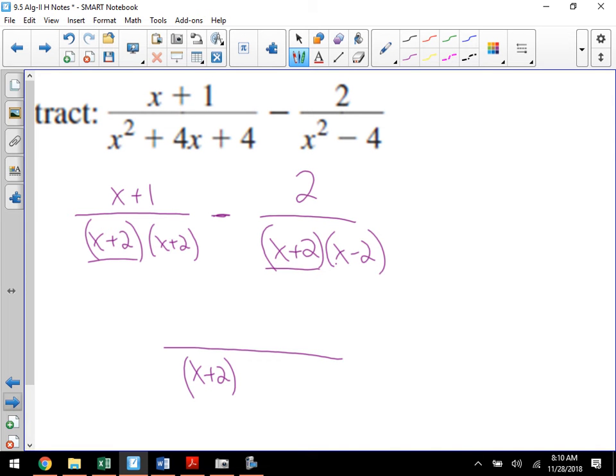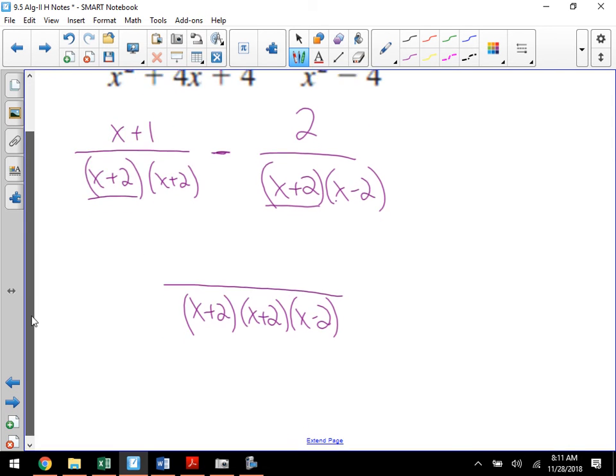What's left? You write down what they have in common, then you write everything else down. If they have the x plus 2 in common, it only gets written down once. Okay? And just go on.